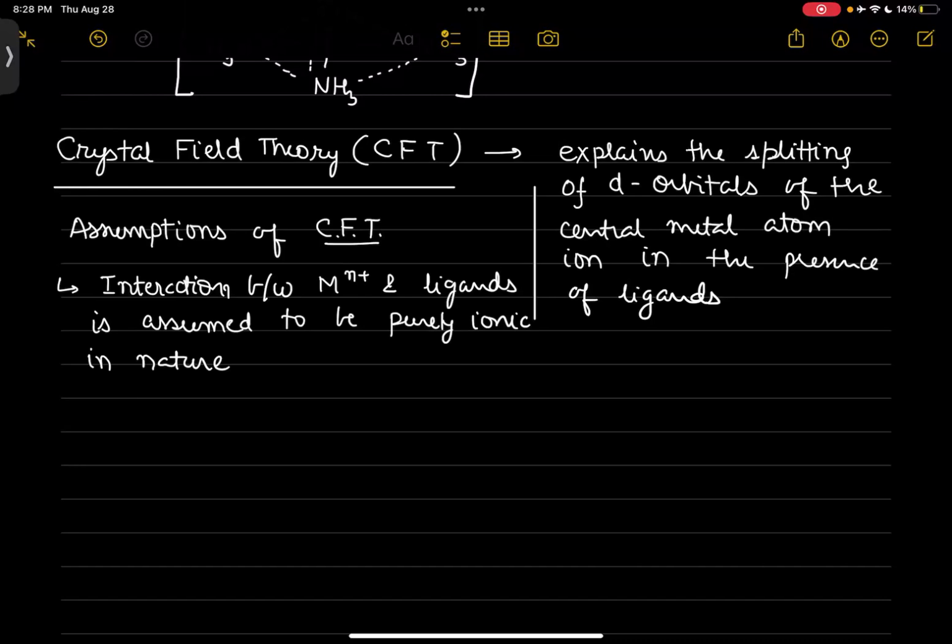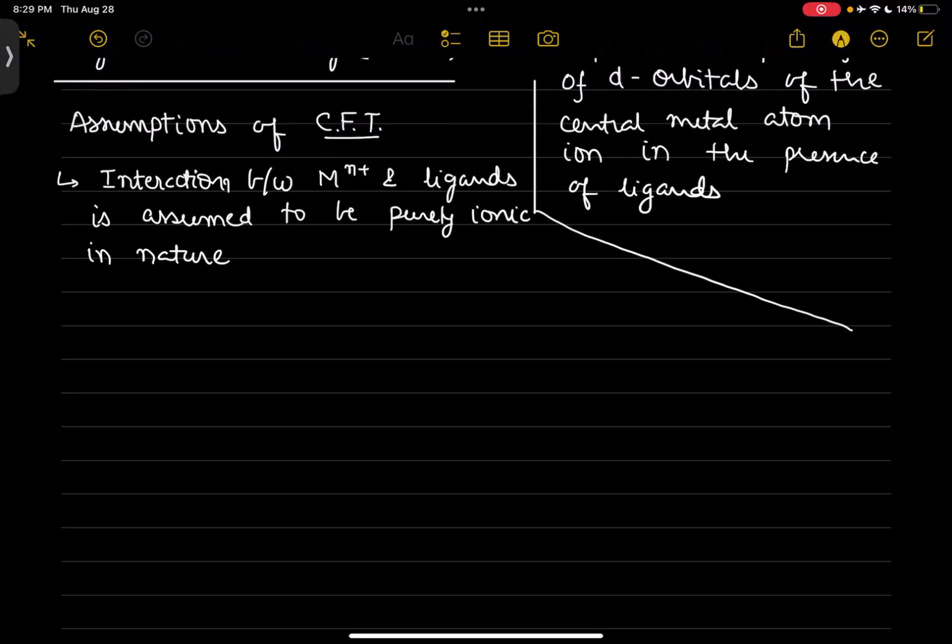So this interaction is assumed to be purely ionic in nature. What actually does it mean? It means that the metal ion and its ligands are not connected by a covalent bond. They are connected by electrostatic force of attraction.